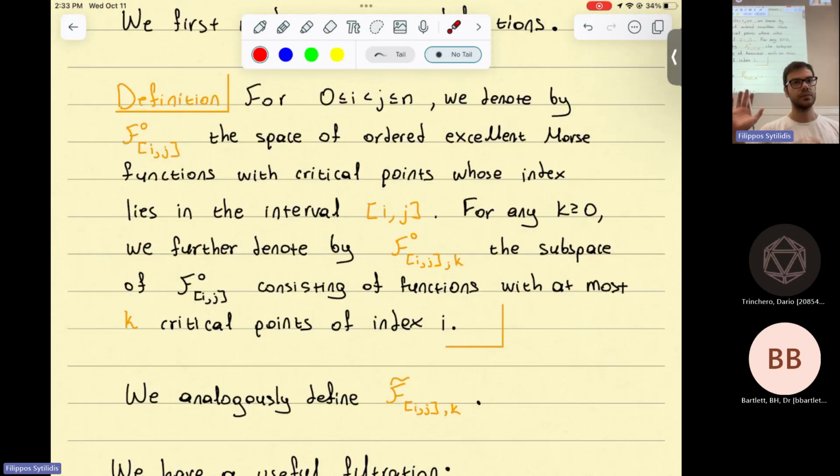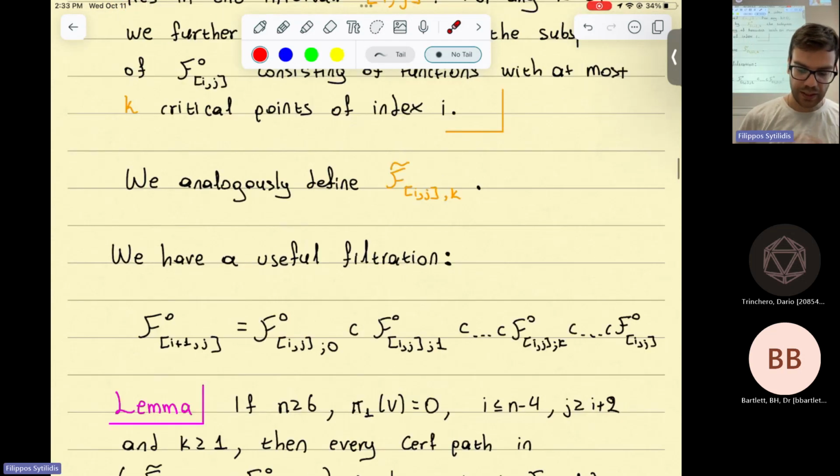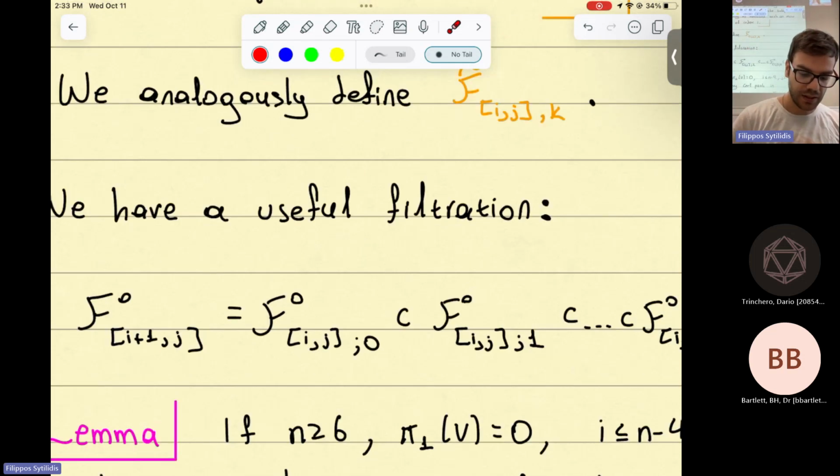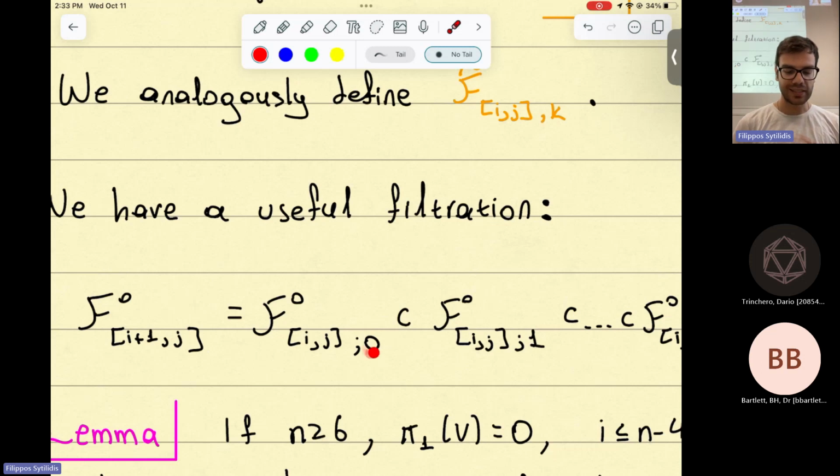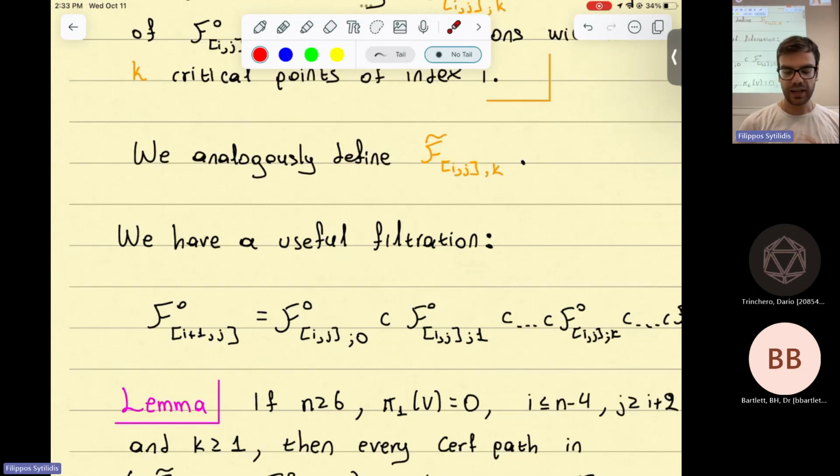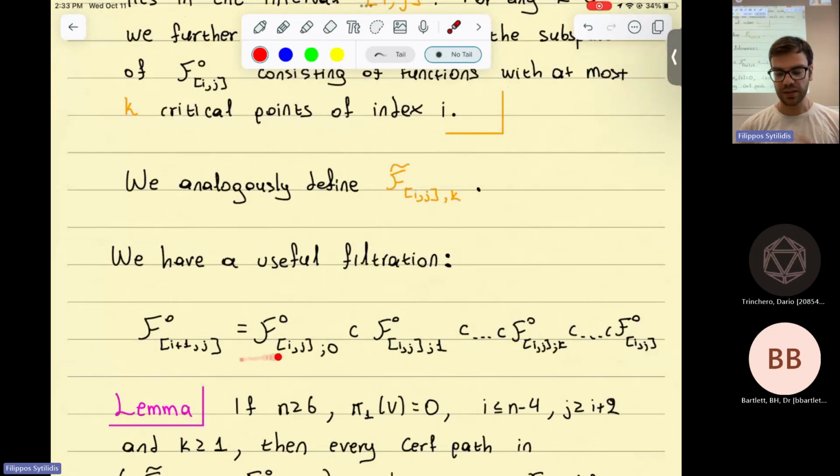The reason I'm doing that is because there is a very useful filtration that I can use. If I write, for example, Fi comma j semicolon 0, that means that I have at most 0 critical points of index i, which means that I actually live in Fi plus 1 comma j 0. And I can carry on with this filtration all the way to Fij.